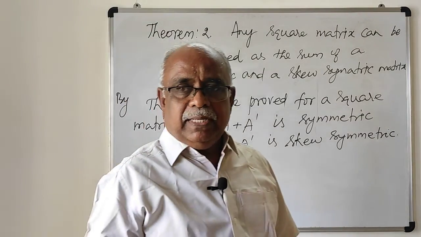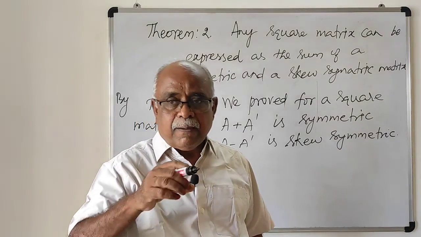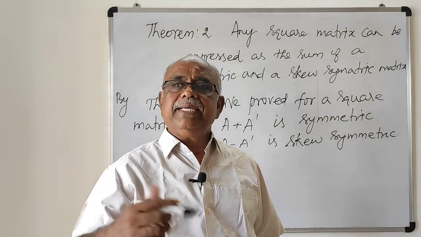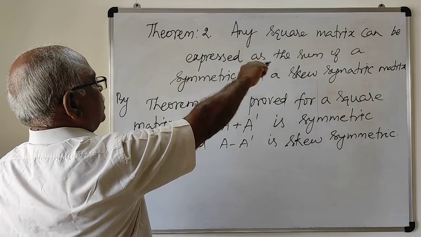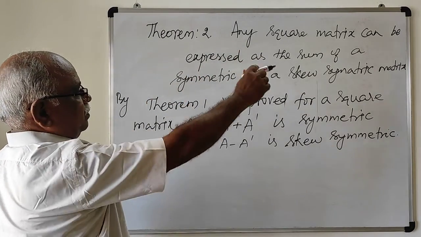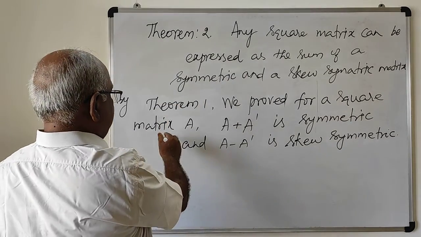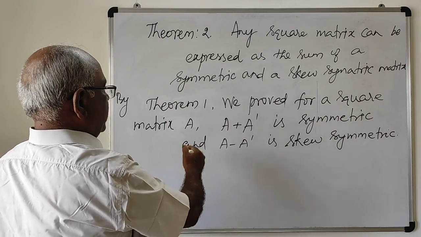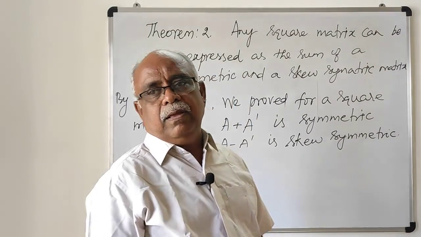So any square matrix, the same square matrix A, can be expressed as the sum of a symmetric matrix and a skew symmetric matrix. By theorem 1, we proved for a square matrix that A plus A dash is symmetric and A minus A dash is skew symmetric. We derived it in theorem 1.